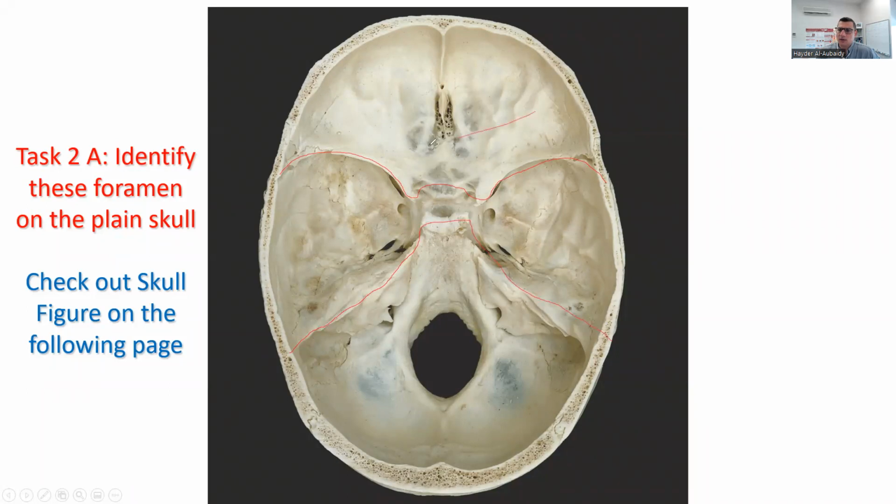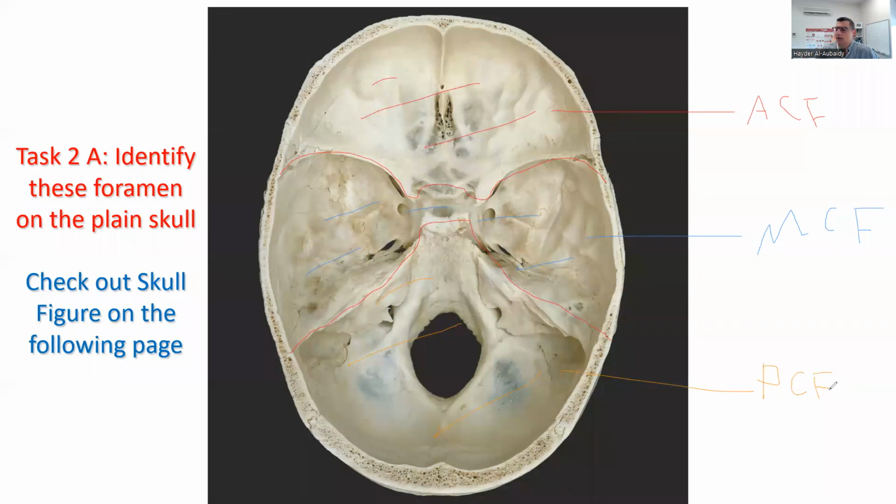So all this region refers to the anterior cranial fossa, everything here should be related to the middle cranial fossa, and inferiorly, all this region should be related to the posterior cranial fossa.